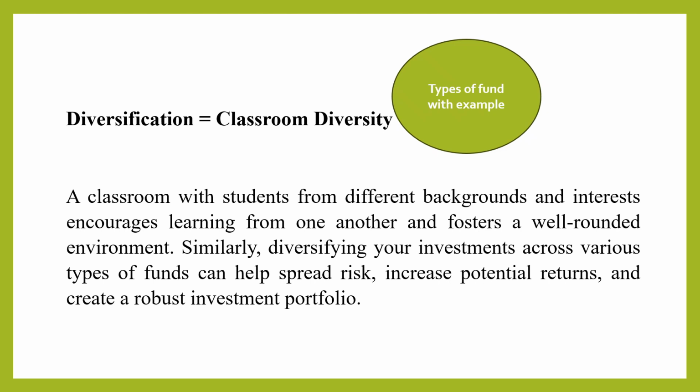That is known as classroom diversity. We are correlating it with the word diversification. So a classroom with students from different backgrounds, as you can see, the explanation is also given in the slide: students from different backgrounds and interests encourage learning from one another and foster a well-rounded environment.